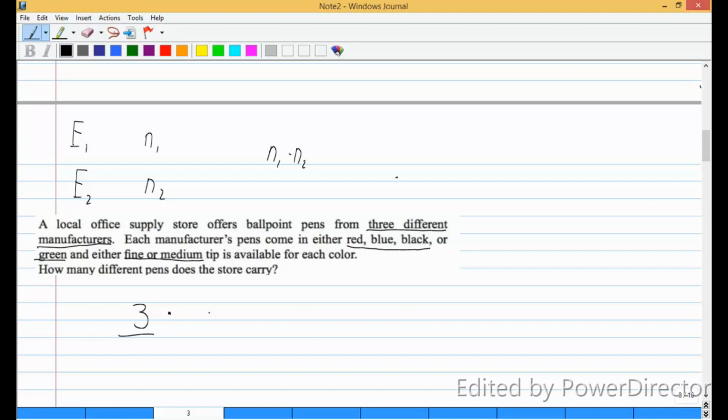Each of those has 4 pens, and each pen can have one of 2 tips on it. So that means 3 times 4 times 2, there are 24 different pens.